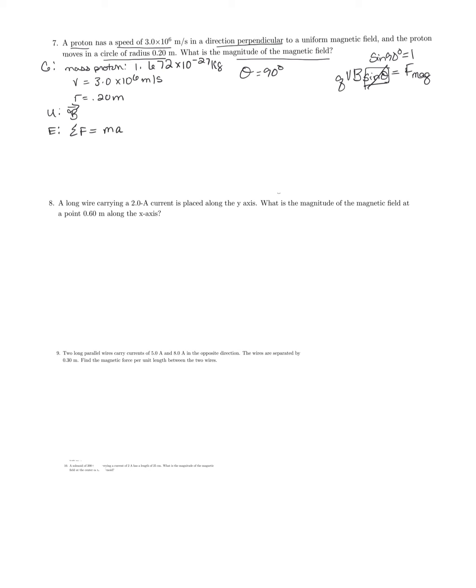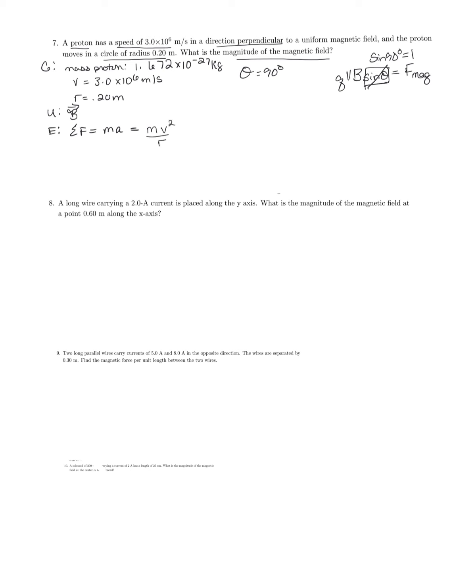But here, if you remember from your 201 class, the class before this part of physics, you'll know that for an object in circular motion, you have mass times centripetal acceleration, which is v squared over r.